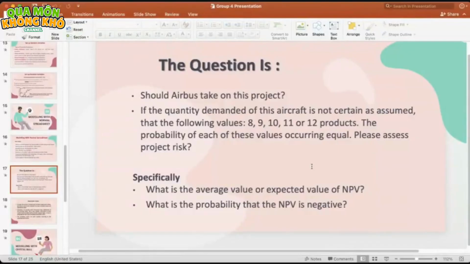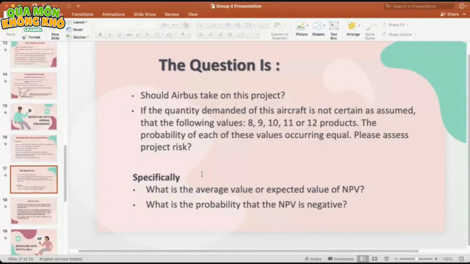We can get the following values of 8, 9, 10, 11, or 12 products. The probability of each value occurring is equal, and from this I will assess the project risk to learn more about whether Airbus should take on this project.